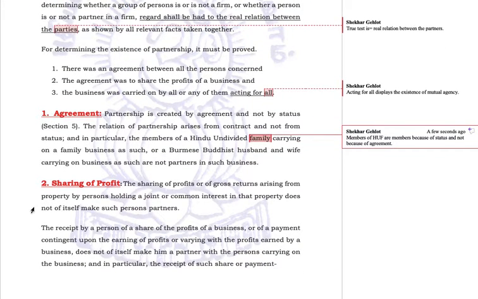Sharing of profit. The sharing of profits or gross returns arising from property by persons holding a joint or common interest in that property does not itself make such persons partners. Merely sharing of profit will not make people partners.